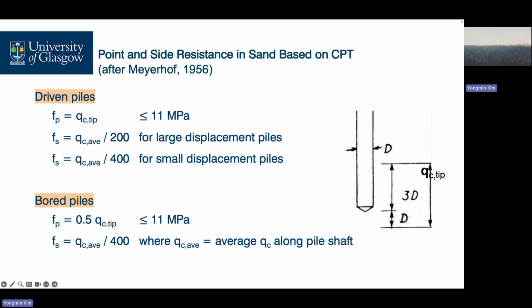Now we are supposed to use the CPT value. This is CPT. We read off the resistance here and here. qc tip is the cone resistance at the tip.